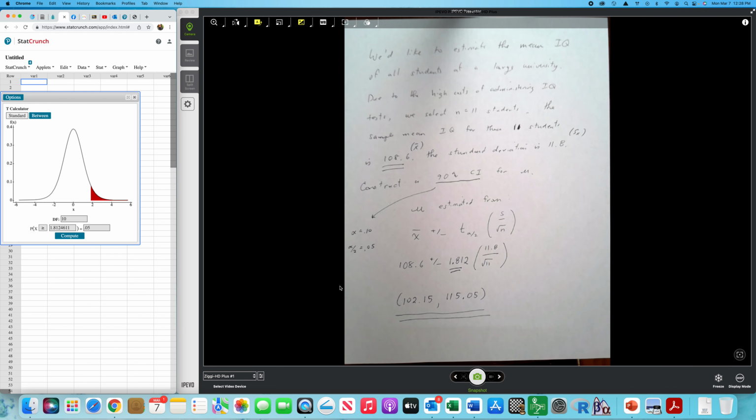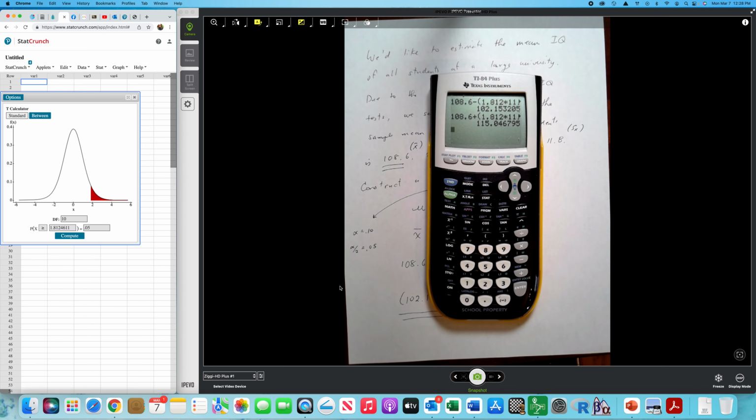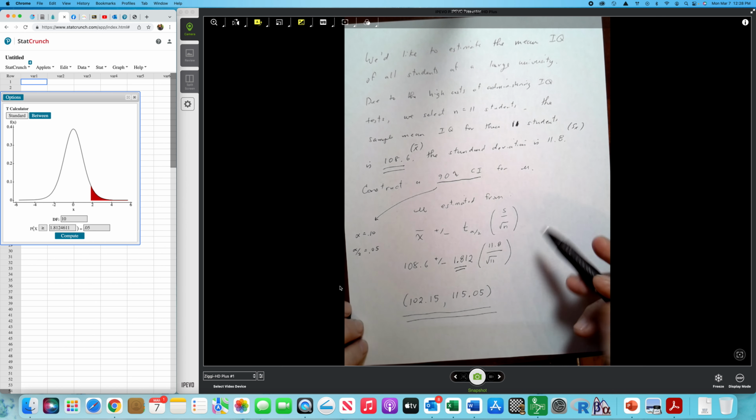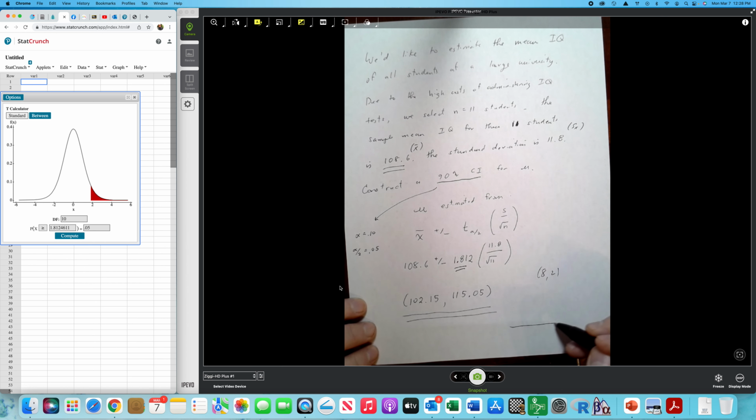right here. Now, the next thing I do is I always do my negative first. So 108.6, I'll tell you what, I actually did this on the calculator. Let me just show it to you. So I put in 108.6. I always put the negative in first because it goes first in the interval. An interval, this would be pretty goofy to do like 8.2. Remember, an interval is on the number line, these are negative numbers, these are positive numbers.